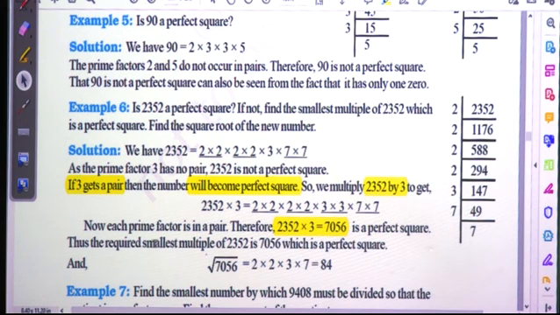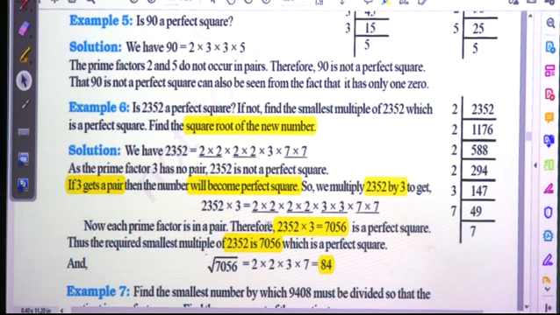Thus, the smallest multiple of 2352 is 7056, which is a perfect square. It has also been asked to find the square root of the new number. The new number is 7056 and the square root of 7056 is 84.